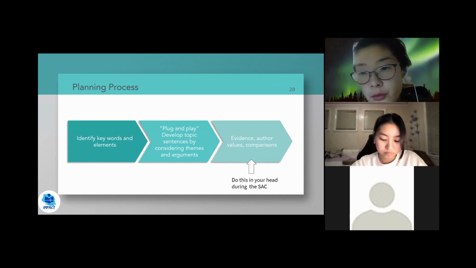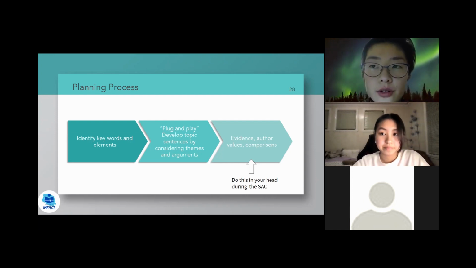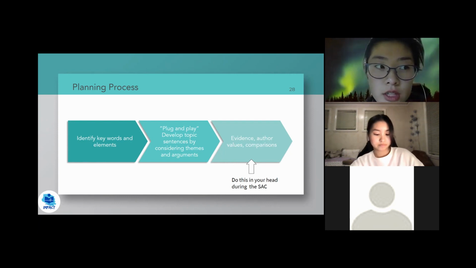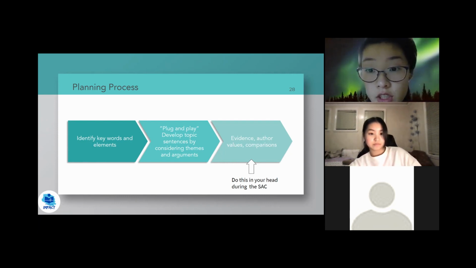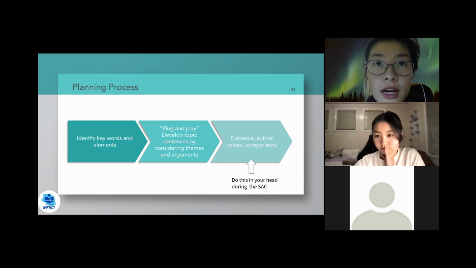And then we're going down to the nitty-gritty stuff: the evidence, the authorial values, and the comparison. This is the minute, microscopic writing that goes on. Sentence by sentence, we're constructing it based on quotes, analysing it in terms of authorial values, and then making comparisons from one text to the other.